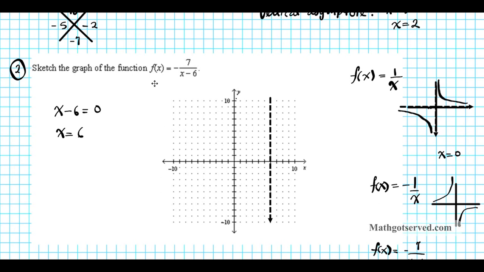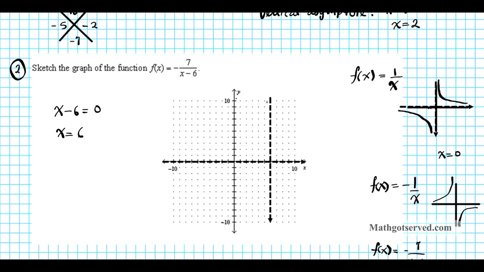All right? And then you look at this function and you say, oh, it's bottom heavy, so you know that your horizontal asymptote is going to be 0, because any bottom heavy rational function has a horizontal asymptote of 0.